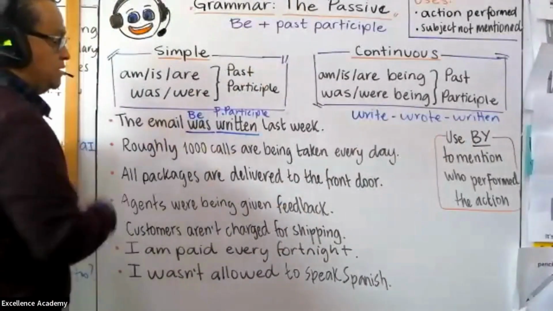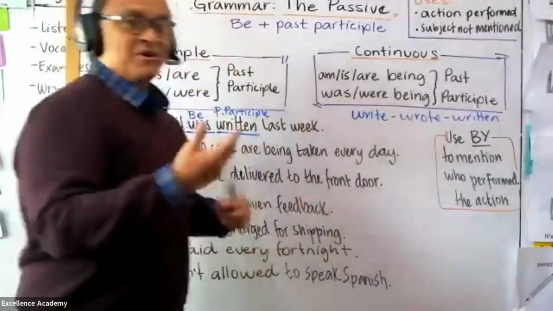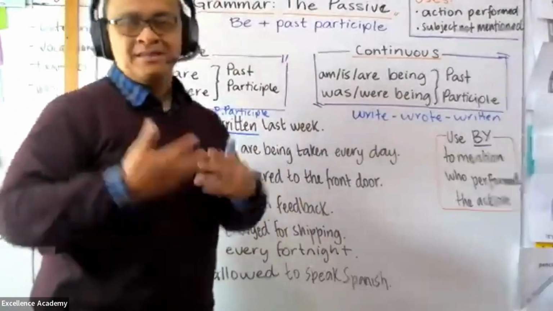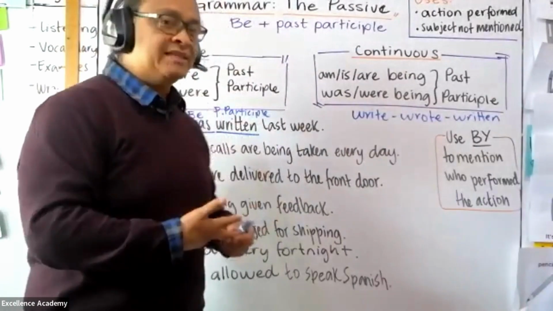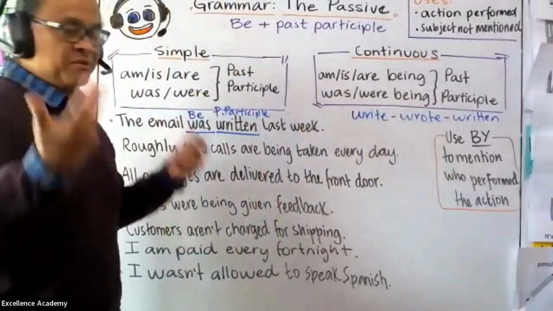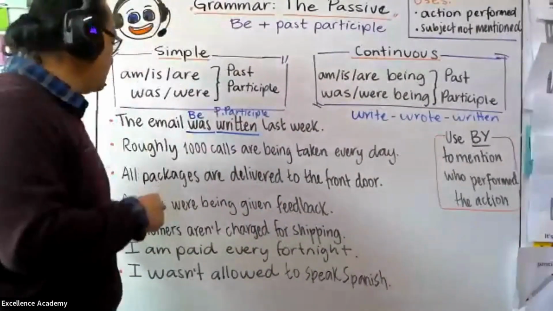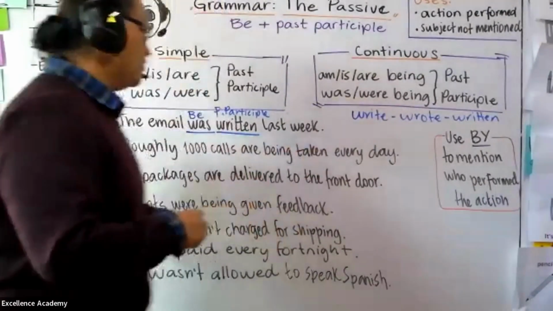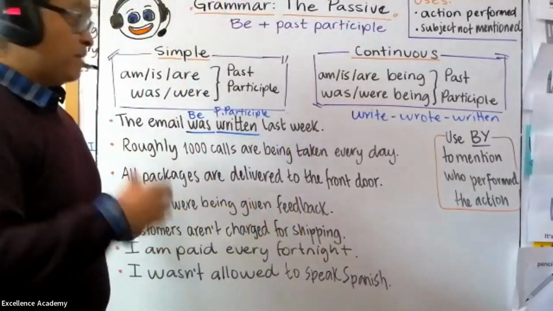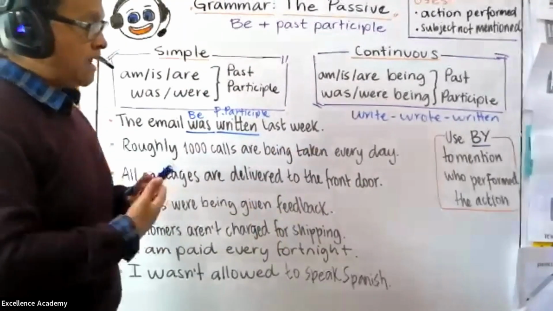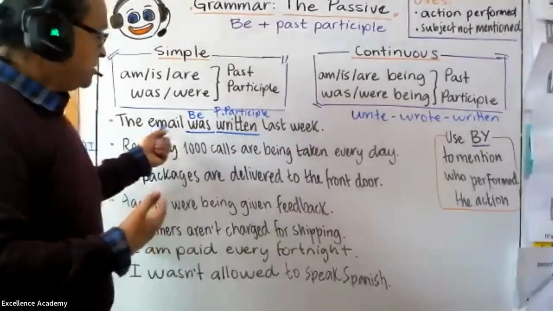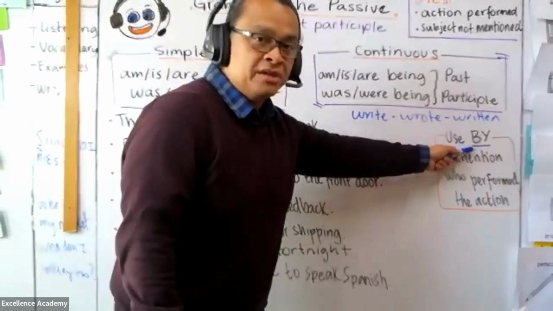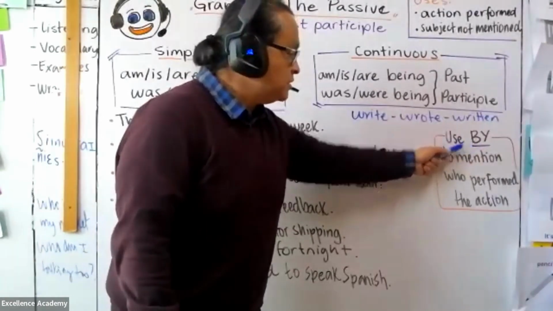So the email was written last week, right? We're not mentioning the person. Probably it's obvious to us who performed this action. Maybe everybody understands that it was a specific person that was in charge of this. So it's not necessary to report who wrote the email. But if you have to report who performed the action of writing the email, then by all means you can mention that person by using the preposition by.